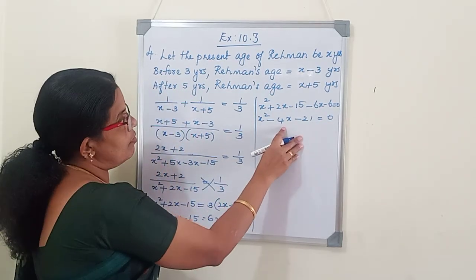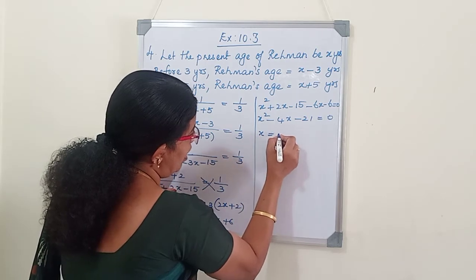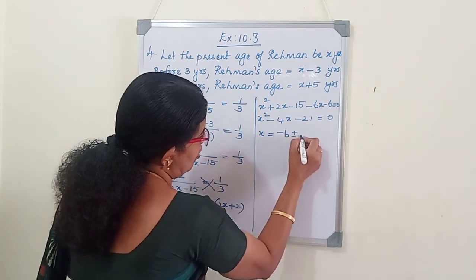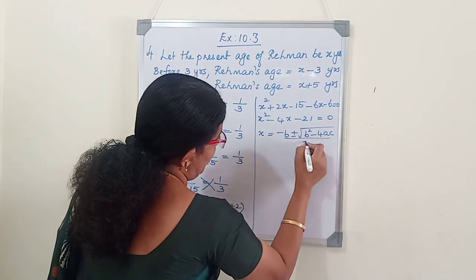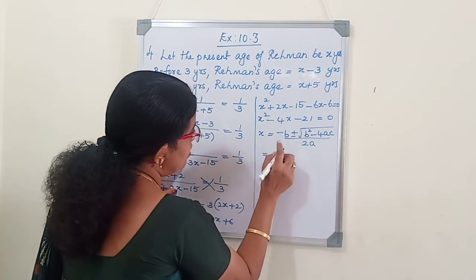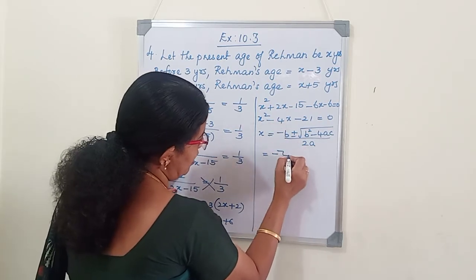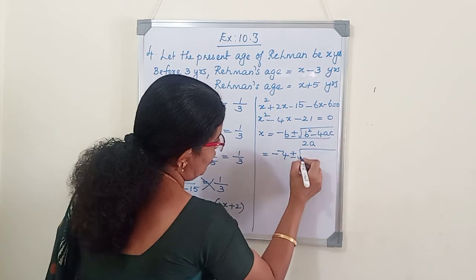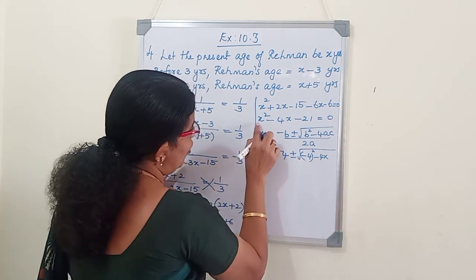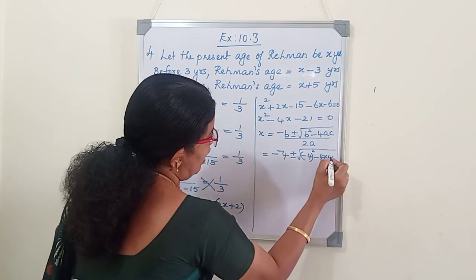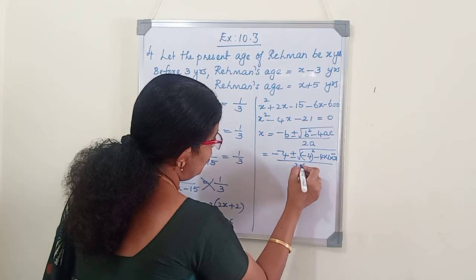For statement sums, we can do either factorization or by formula method. If we apply formula, x equals minus b plus or minus square root of b square minus 4ac by 2a, equals minus sign, first you write, then you see what is b. It is minus 4 plus or minus square root of minus 4 square minus 4 into coefficient of x square 1, a, and c is minus 21, by 2 into 1.